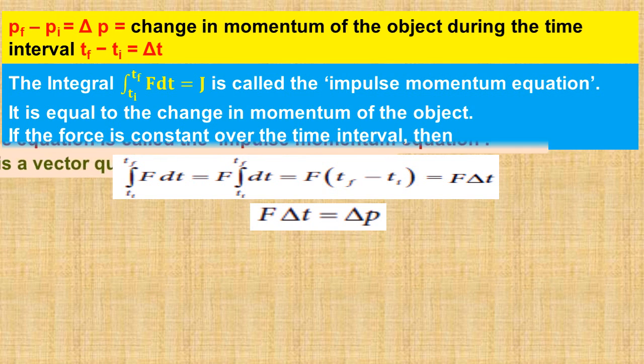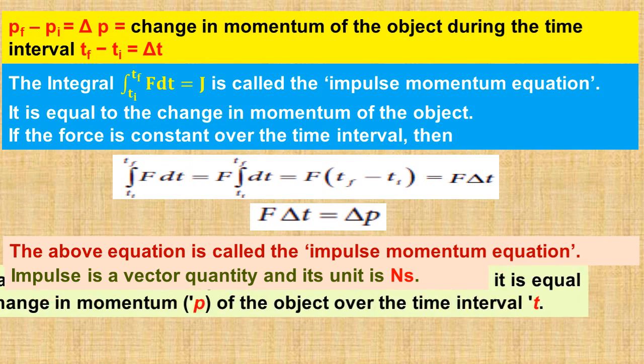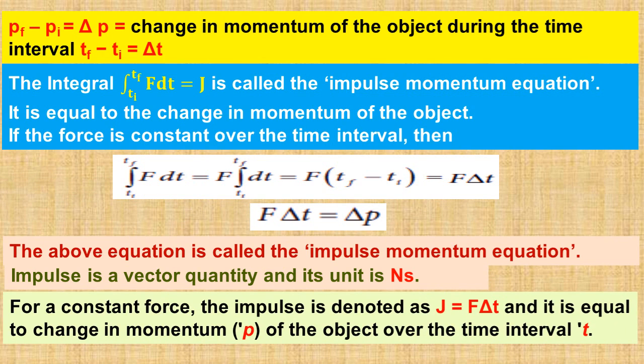So F del t is equal to del P, and the above equation is called the impulse-momentum equation. The impulse is a vector quantity and its unit is newton-second. For a constant force, the impulse is denoted as J is equal to F del t, and it is also equal to the change in momentum P of the object over the time interval t.